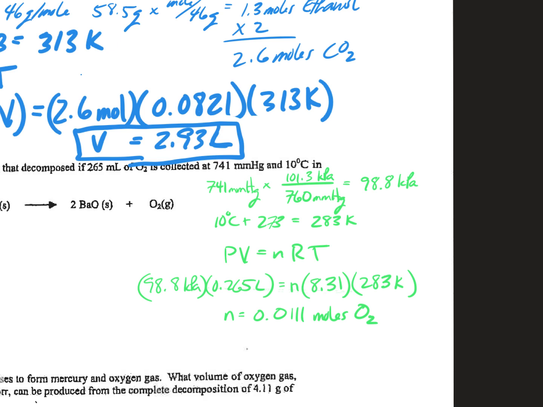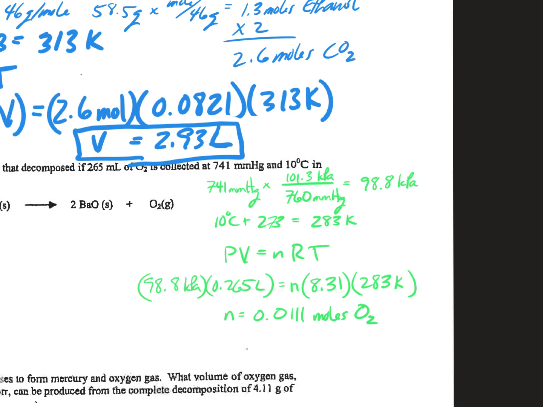Now, also, let's be careful. We were given 265 milliliters. That's got to be converted to liters, so that's 0.265 liters. If I do all of the math, and by the way, this is the R value, where we're using kilopascals for pressure. Okay, do the math, do the algebra, we get this many moles of oxygen. It's a really small number.